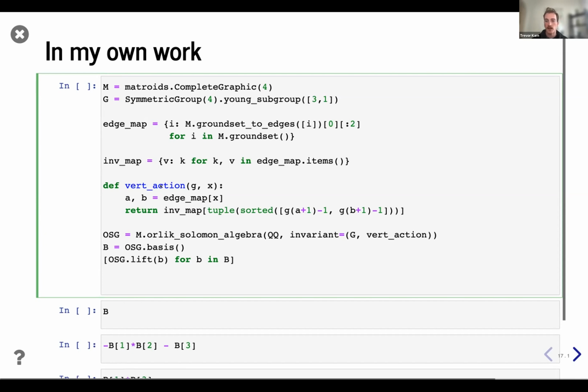So Young subgroups are copies of two smaller symmetric groups inside of a bigger symmetric group. And I'm going to think of that as acting on a matroid. This is going to induce an action on the Orlik-Solomon algebra. And so all of this is saying, okay, define some matroid. The group I am going to consider is this product of S3 times S1 living inside of S4.